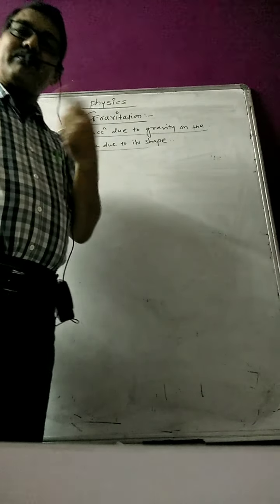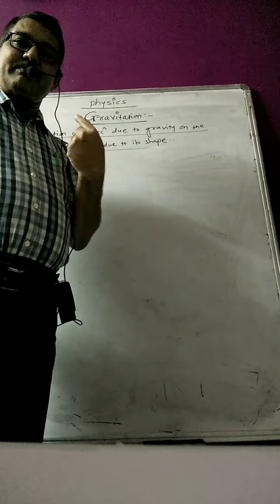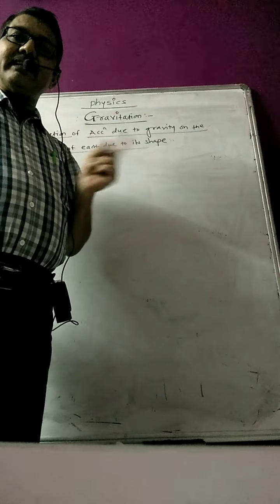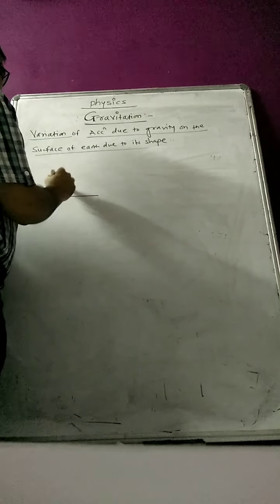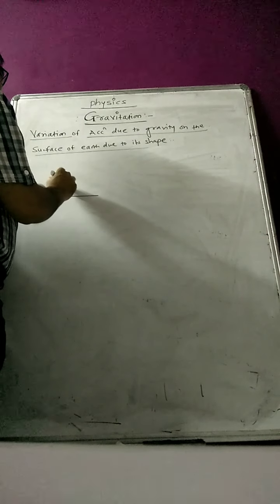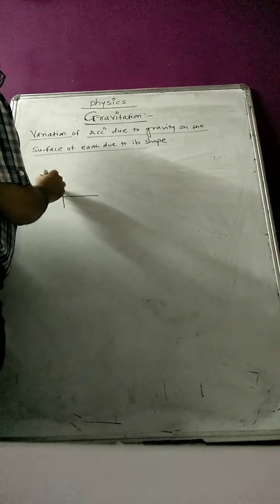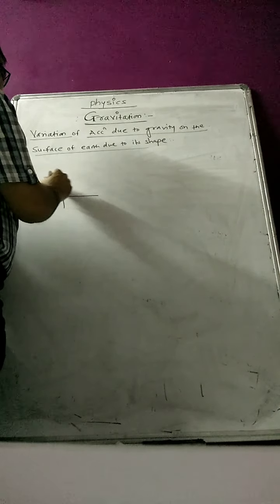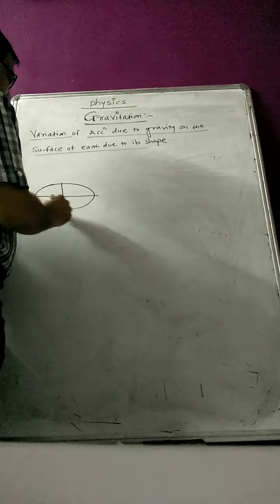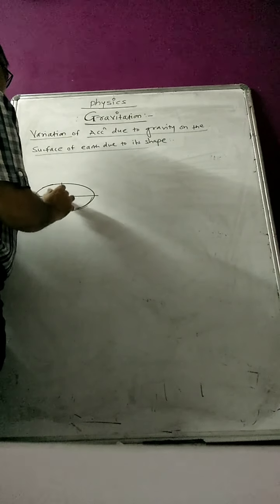Now you see here, earth is not perfectly spherical in shape, it is elliptical in shape. Okay, if earth has this type of shape, then according to that shape, how is the acceleration due to gravity going to change? So acceleration due to gravity changes due to its shape.